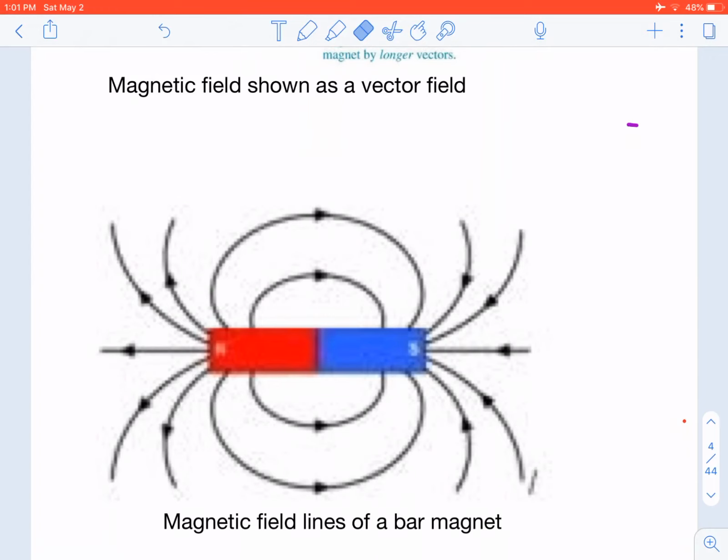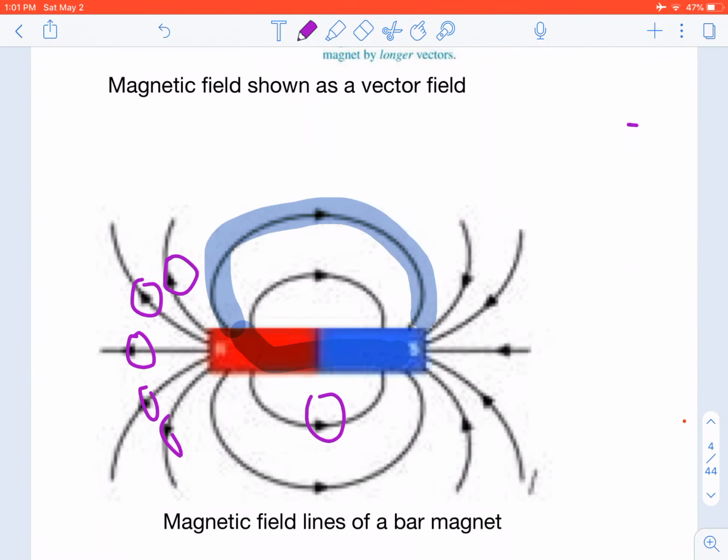So we have our field moving from north to south, like that, and inside, surely, that continues. We have these arrows showing us in which direction the field is, and as you can see, it goes out from the north and comes into the south. Here the field is towards the south pole.